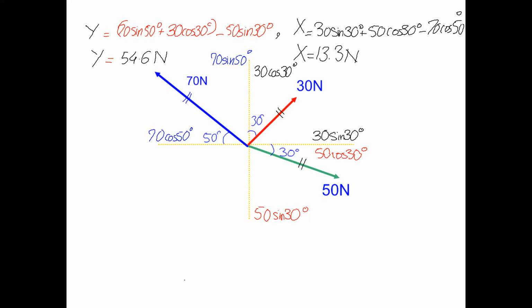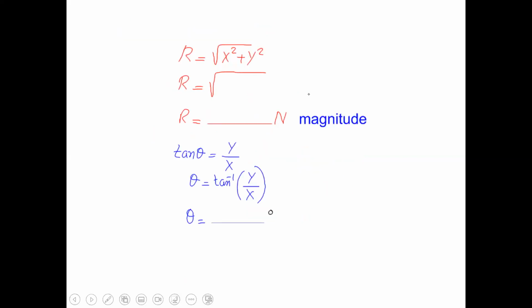And what is the value of X you are getting? Sahi. That's good. So we are getting X and Y values. Now move to the next step, the magnitude step, and find the resultant magnitude and theta.